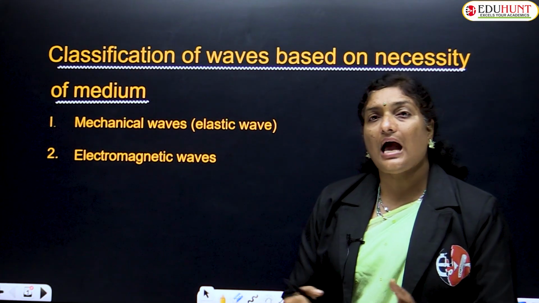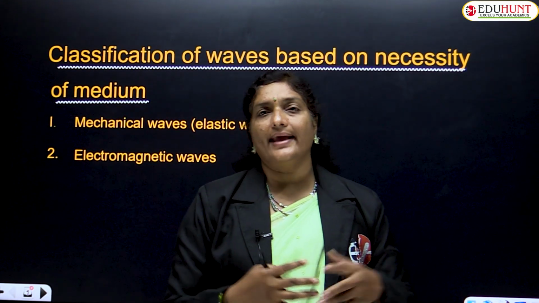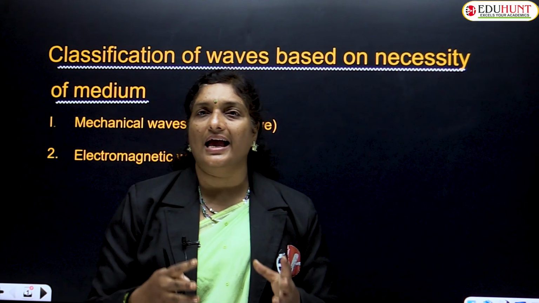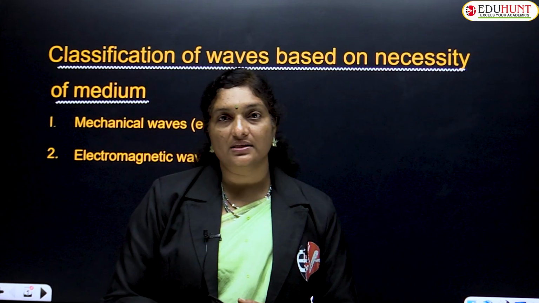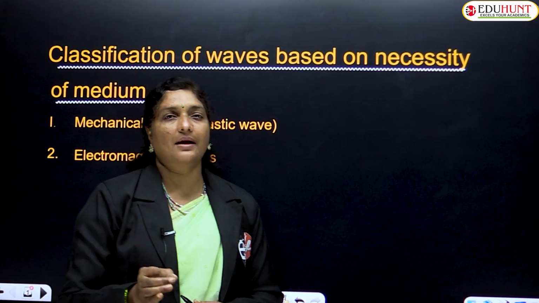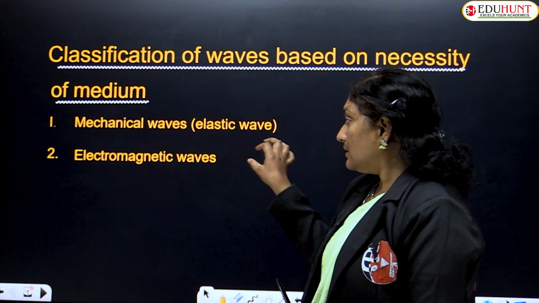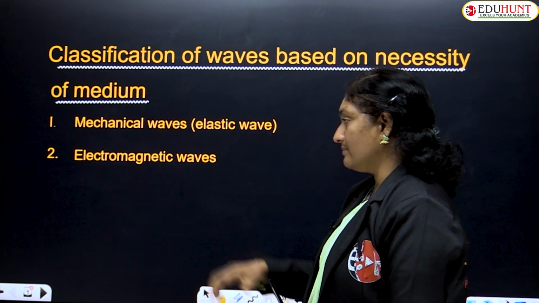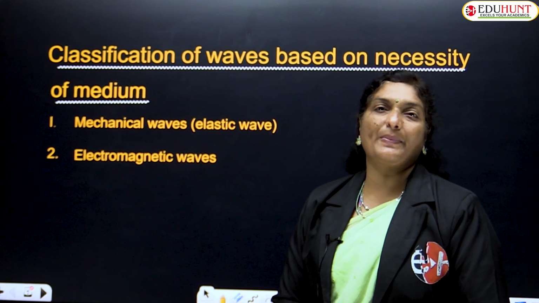So light waves, gamma rays, infrared rays, X-rays, all these types of rays or radiations come under this category. The best example of electromagnetic waves is a light wave. These electromagnetic waves generally travel with the speed of light.